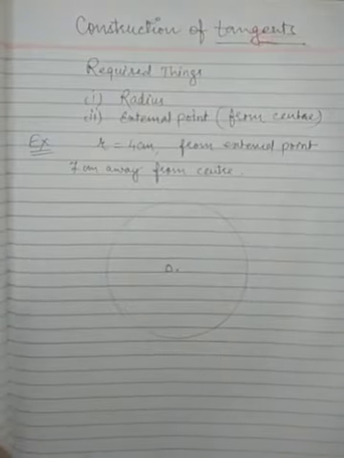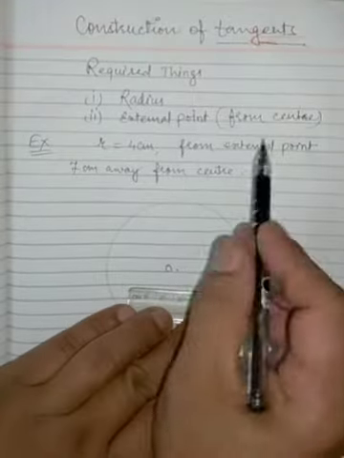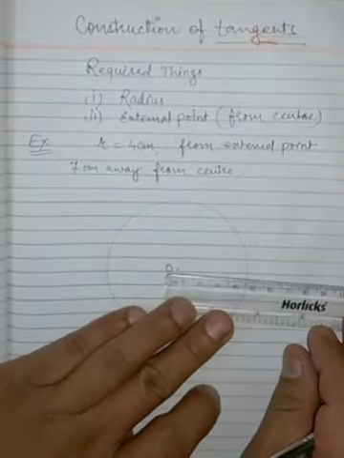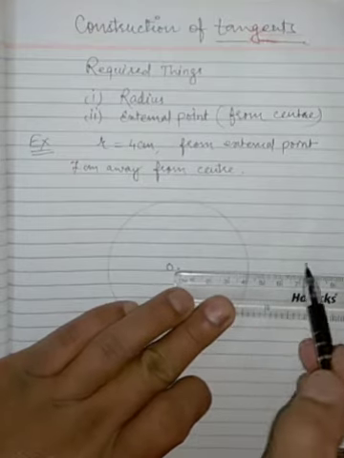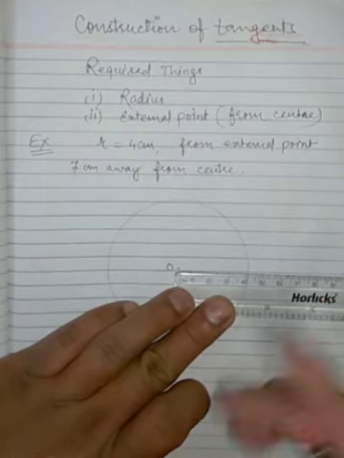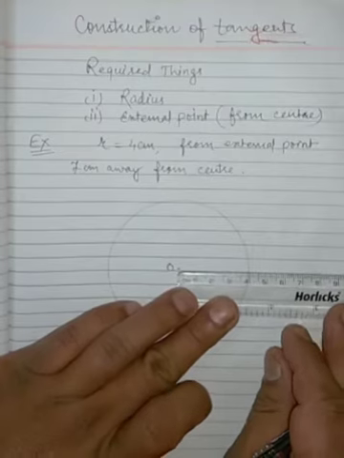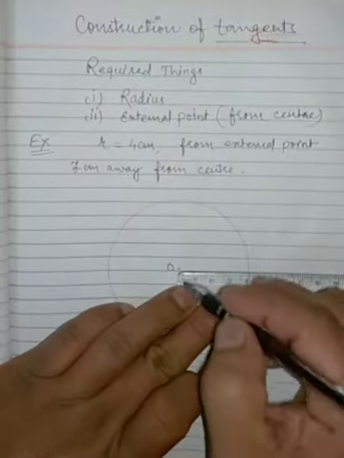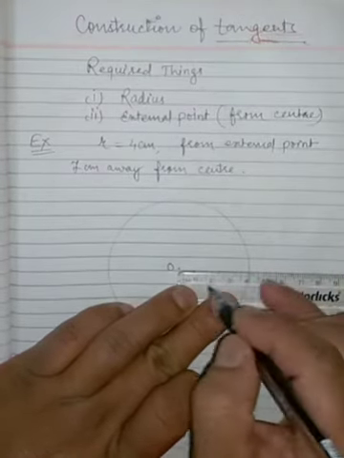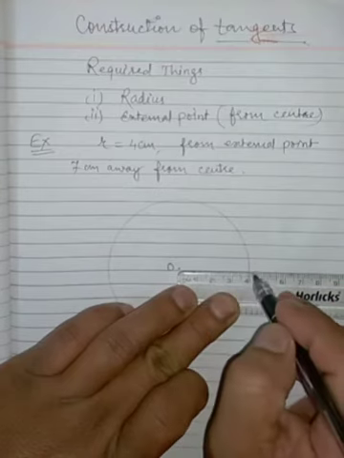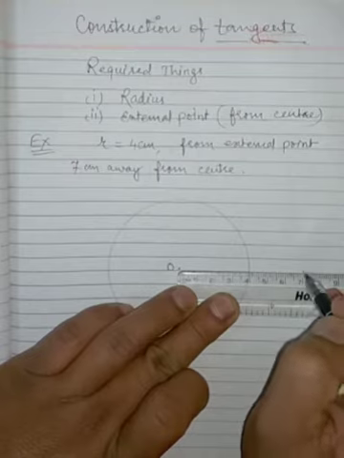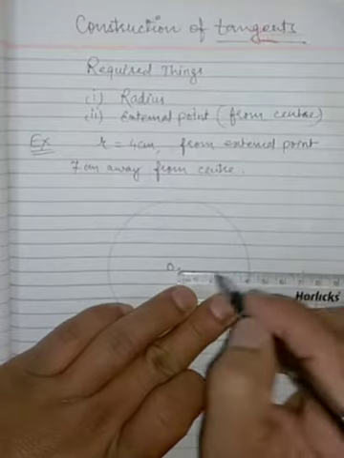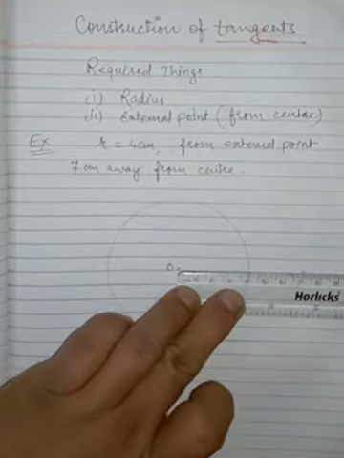So let us measure the distance of external point. Should be 7 centimeter away from center. So I am going to take the external point this side. You can take it anywhere. So starting from center, as we have the radius is 4 centimeter, extending it 3 centimeter more, we have the external point at 7 centimeter.